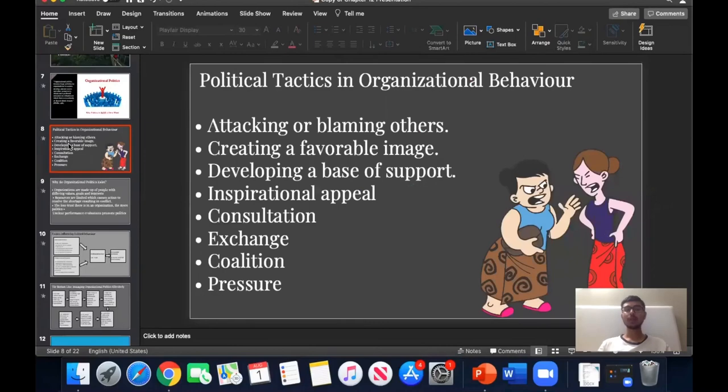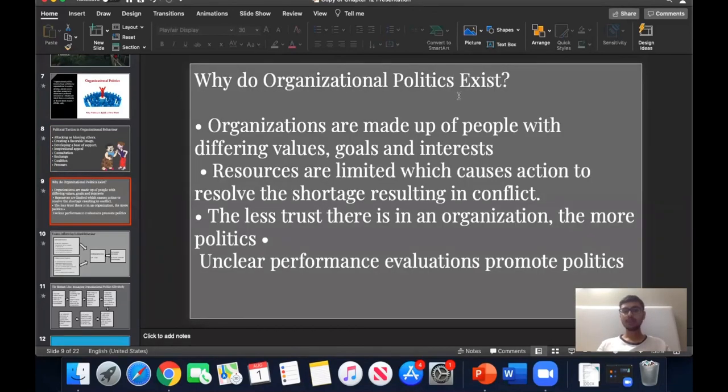So political tactics in organizational behavior are attacking or blaming others, creating a favorable image, developing a base of support, inspirational appeal, consultation, exchange, etc. All this happens to gain a good image in front of the manager so that they can be promoted to a higher level. So why do politics exist?